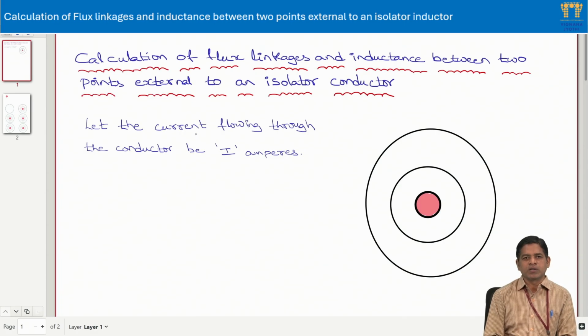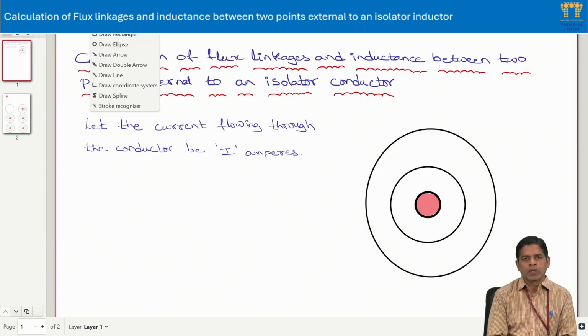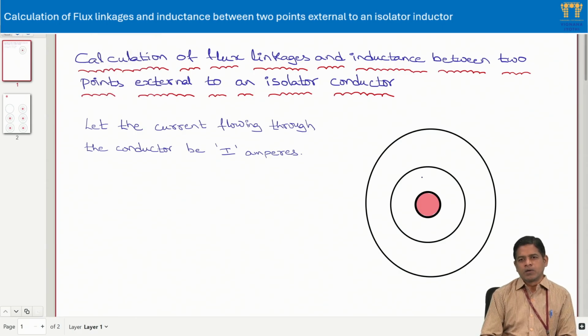Now let us consider 2 points external to the conductor. So let one point be at a distance d1 and let this point be some p1.